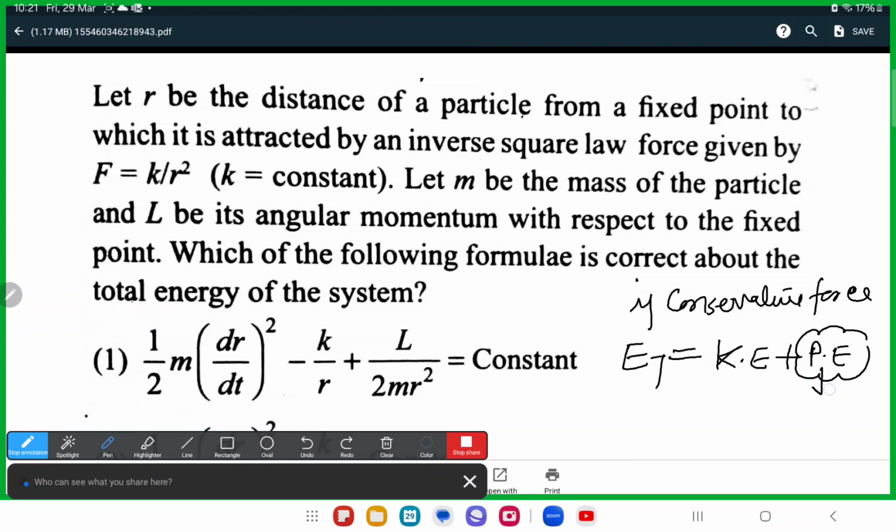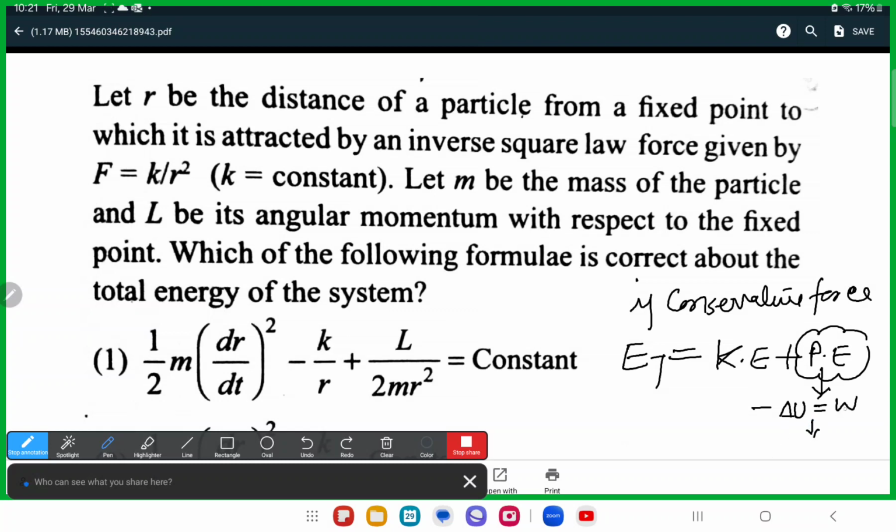And as you know, the negative of potential energy is equal to work done. How connected these things are, maybe you can observe.